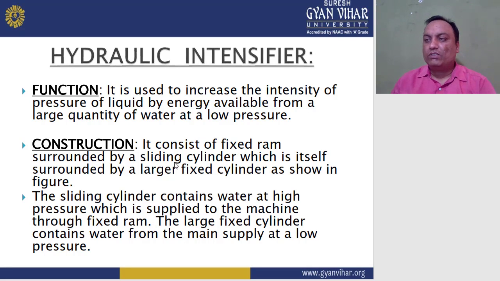The hydraulic intensifier is very simple in construction and has only three main parts, attached in proper sequence for increasing the pressure of the input fluid: the fixed ram, the sliding cylinder or ram, and the fixed cylinder.